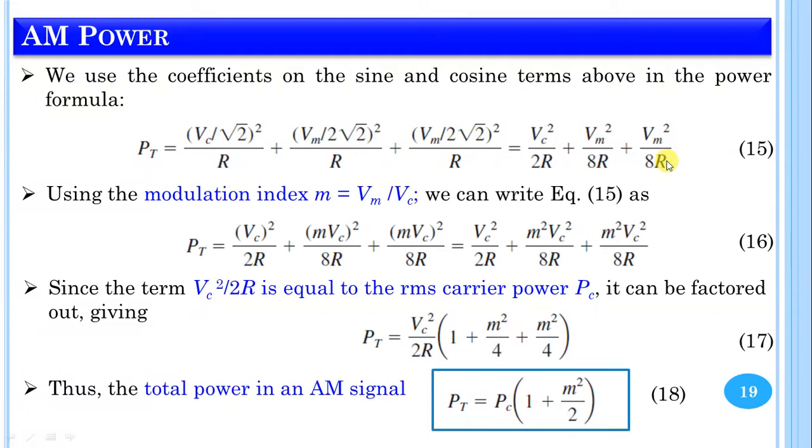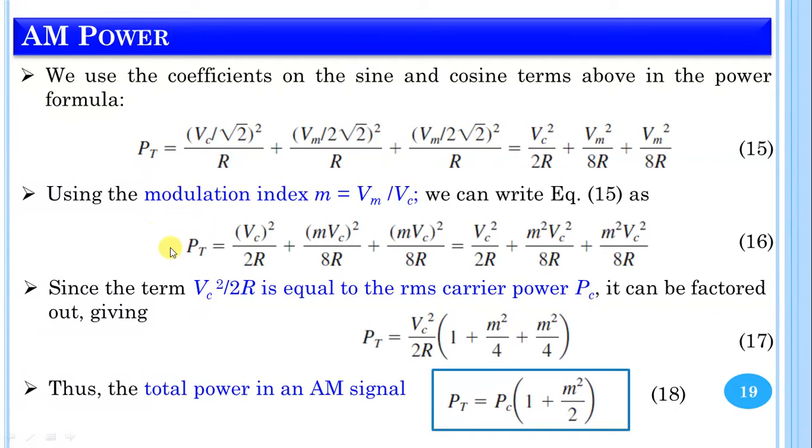As we discussed in lecture 1 of this series, the modulation index is the ratio of the peak amplitude of the modulating signal to the peak amplitude of the carrier signal, and here we are putting the value of Vm, which is equal to m Vc, in equation 15.